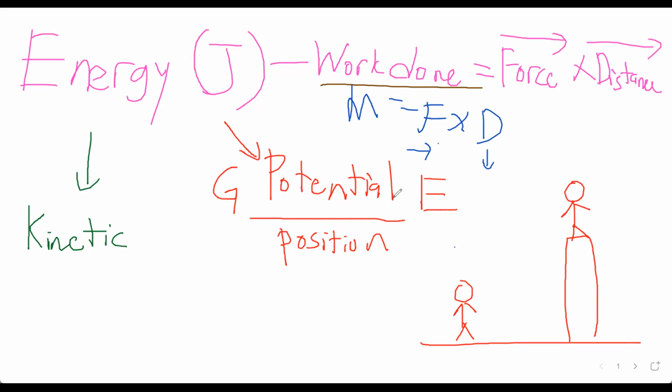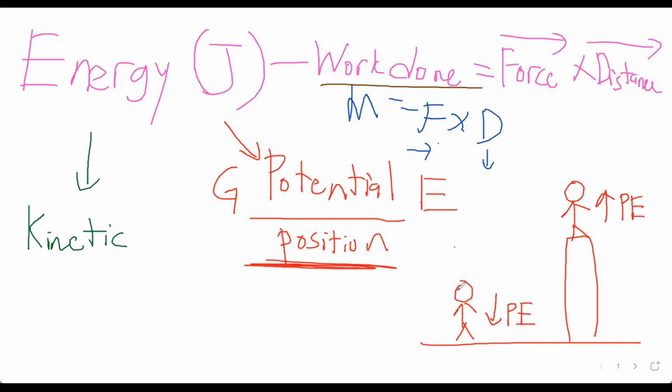No, the top position, right? The higher the position, the more gravitational potential energy you have. So this guy here will have greater potential energy, and this guy here will have less potential energy. Now this also makes sense, right?